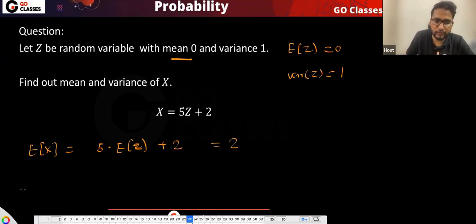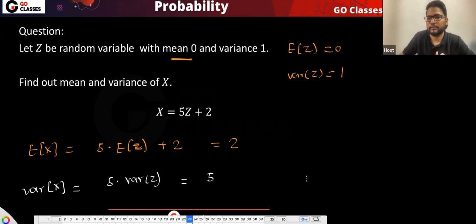And what is the variance of x? It is 5 into variance of Z. Is it correct? Which is 5 into 1. Is this correct, or is there something wrong here? Just think about it.